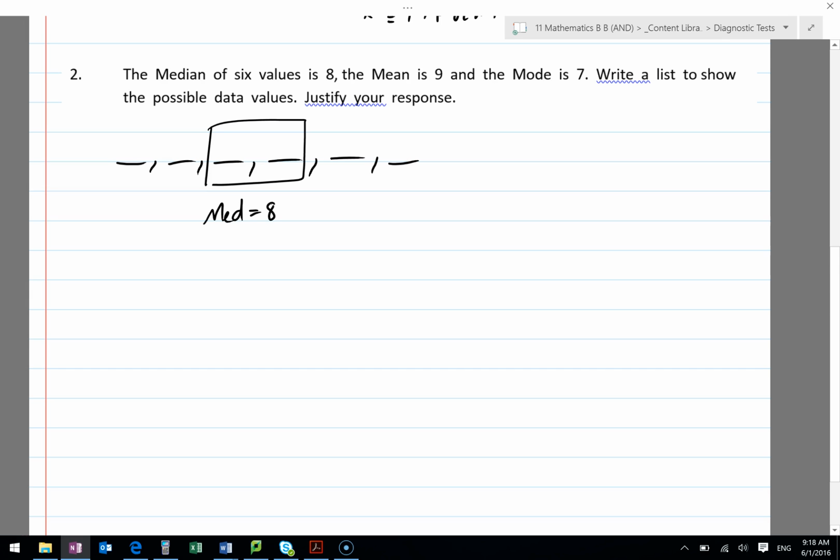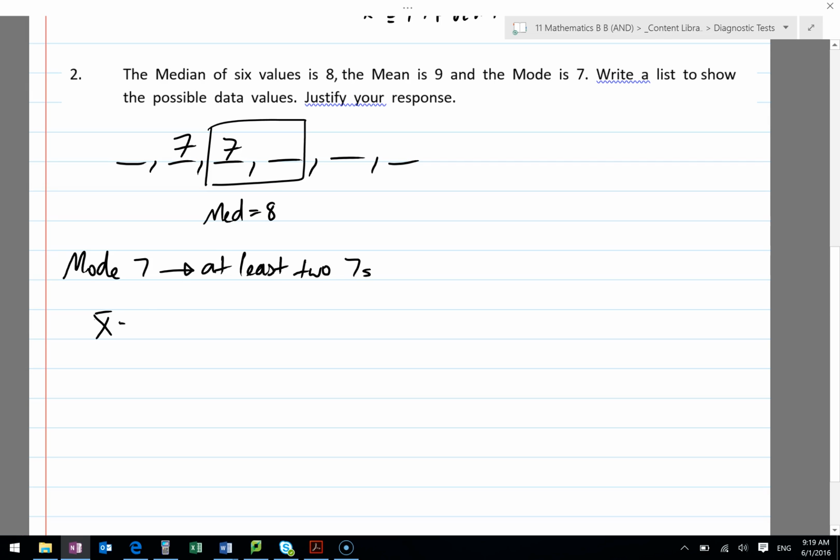It tells us that the mode is 7. So to have a mode of 7, we need at least 2 7s. So I'm going to put the 2 7s just in here. 7 and 7. What else do I know? So I know the mean needs to be 9.